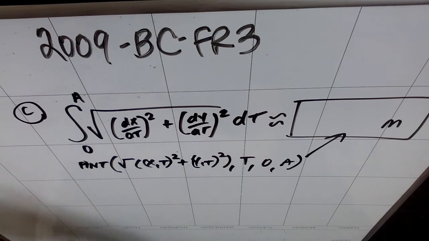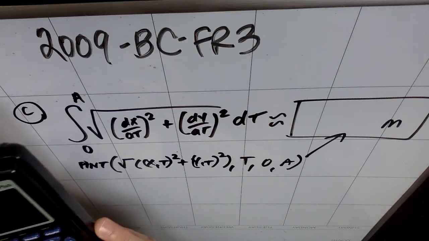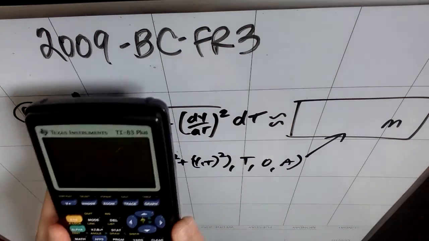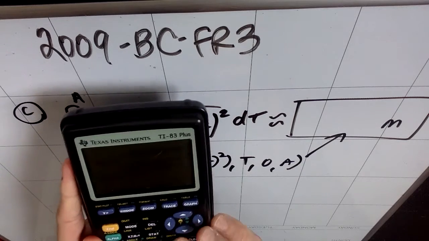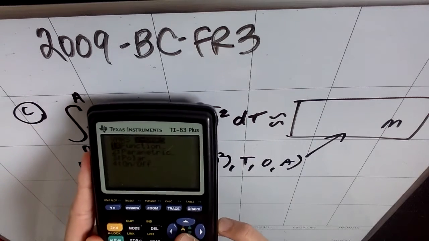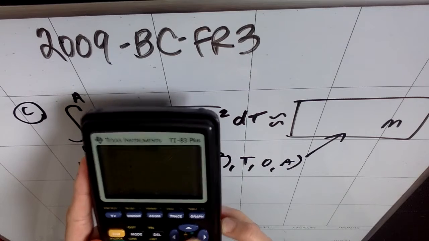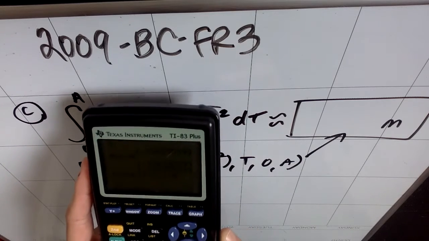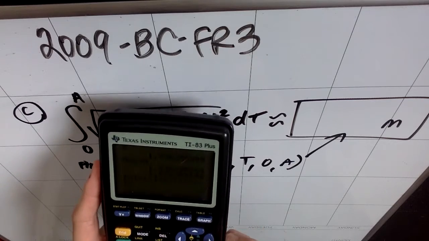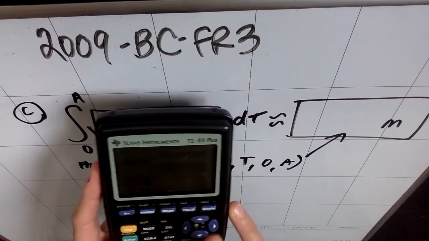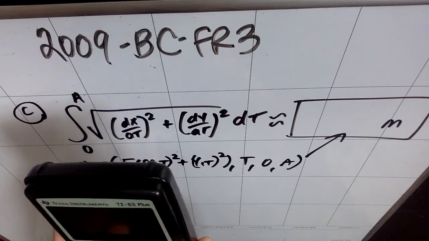Sometimes on these calculator problems, the more tedious part is making sure you know that you're in the right function to do what you need to do. So I put the square root, I go to vars over to parametric, pick x1t quantity squared plus vars over to parametric, get y1t quantity squared, close the parentheses, with respect to t. Oh, hang on.